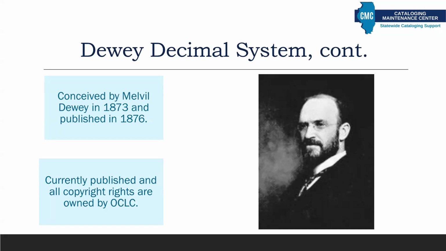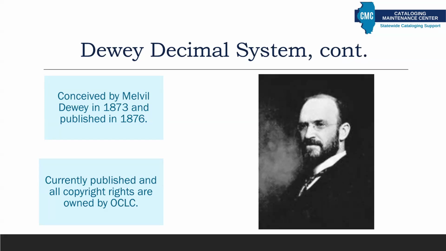Libraries in more than 140 countries use the DDC to organize and provide access to their collections, and DDC numbers are featured in the national bibliographies of more than 60 countries. Libraries of every type apply Dewey numbers on a daily basis and share these numbers through a variety of means, including WorldCat.